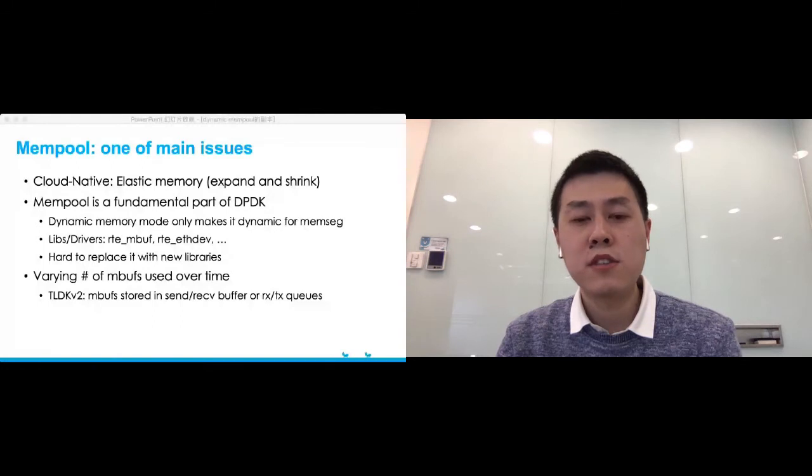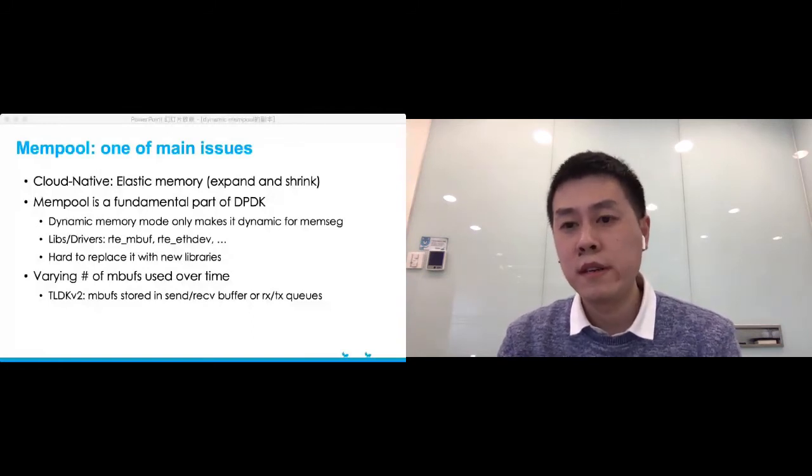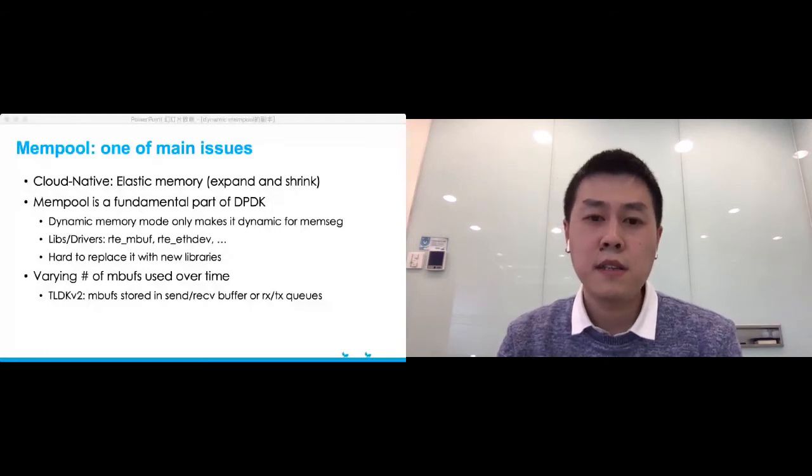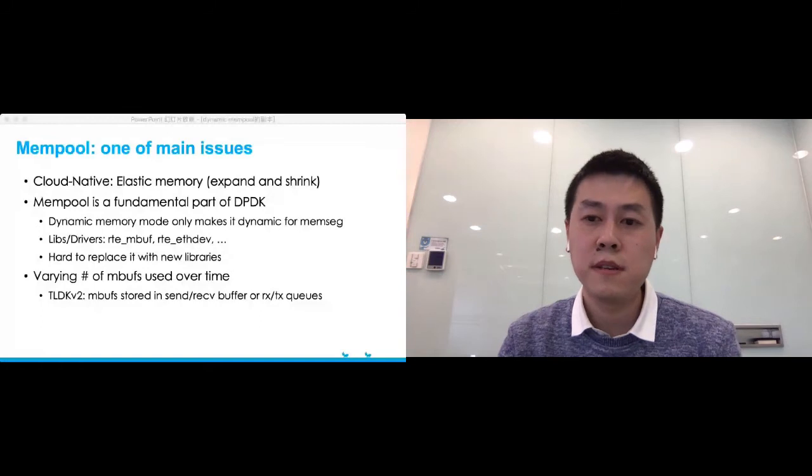So concurrent connections may grow when the applications are accessed by more users, and the need for mbufs and other resources may grow simultaneously, and the current implementation of rte_mempool definitely could not satisfy the requirement of elastic resource usage.